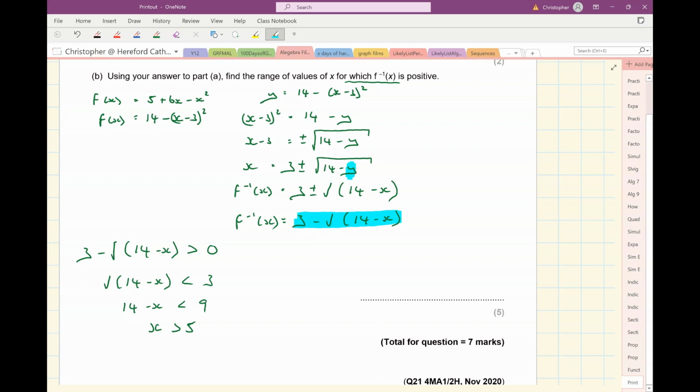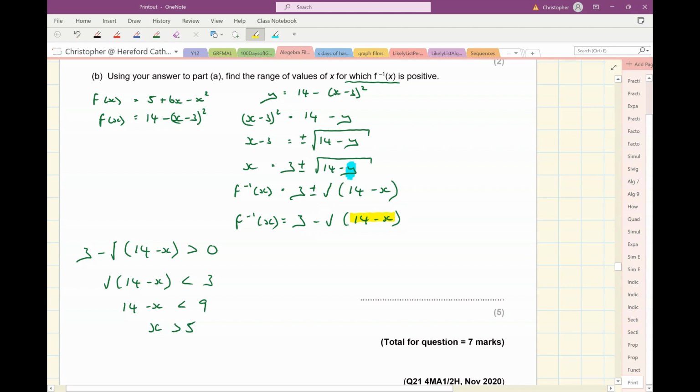But there is another thing to spot here, and that is as follows. It's not feasible for 14 minus x to be negative, because you can't actually square root a negative number.